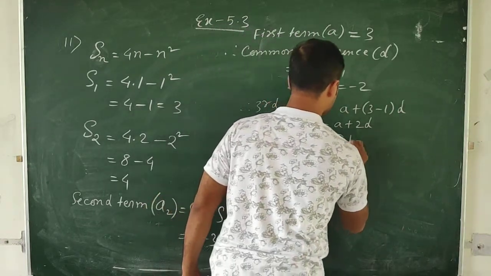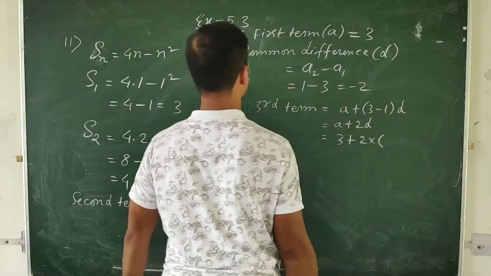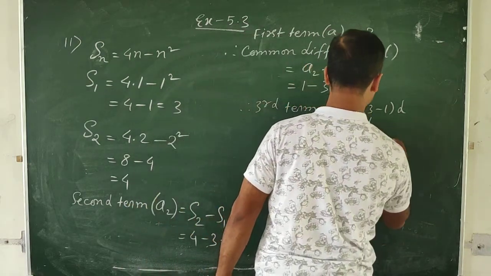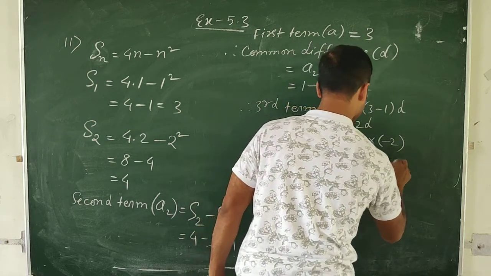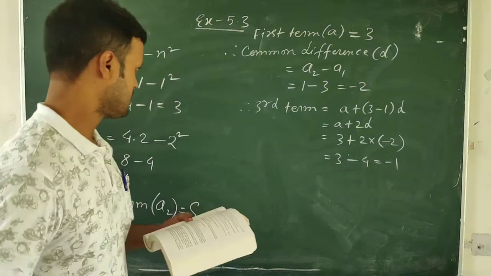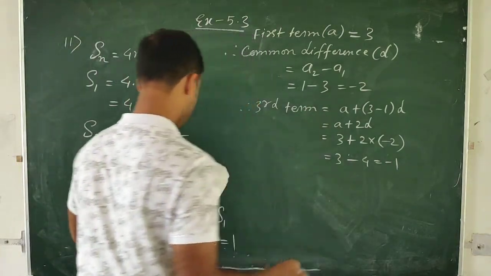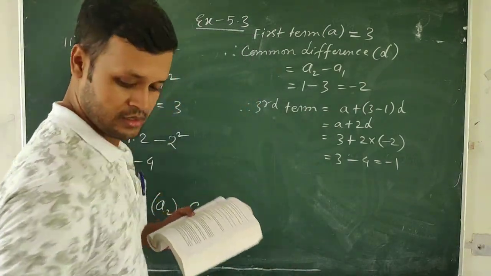What is the value of A? 3. 2 into D, what is the value of D? Minus 2. So that means 3 minus 4, that is equal to minus 1. Third term we got.